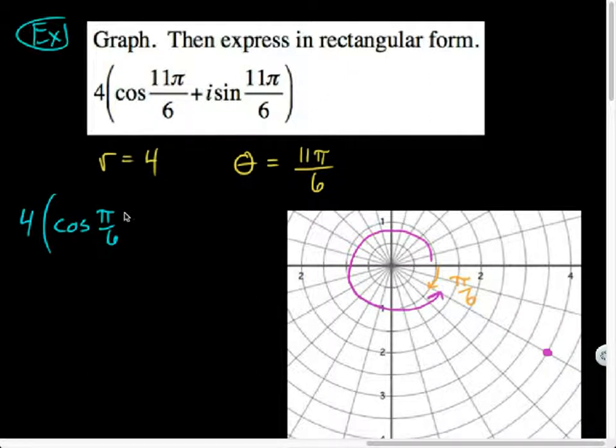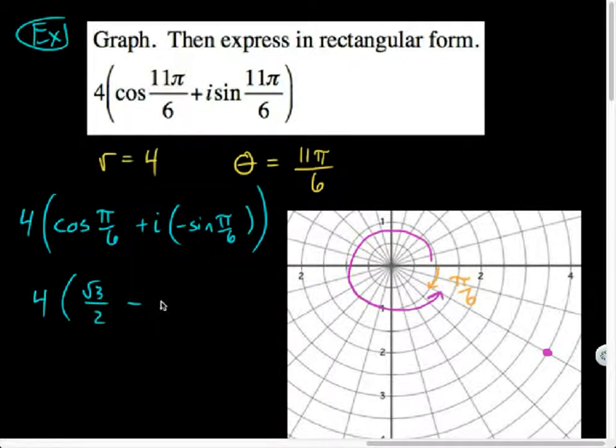And is sine positive or negative in that quadrant? Negative in that quadrant, so that's the same as negative sine of pi over 6. What is cosine of pi over 6? Hand trick it, root 3 over 2. This is now minus. Sine of pi over 6 is a half i.